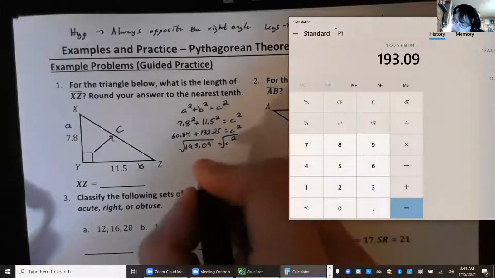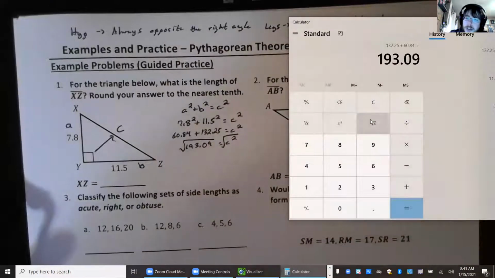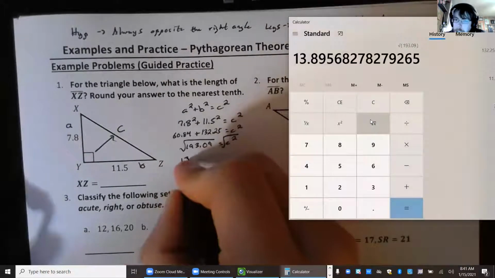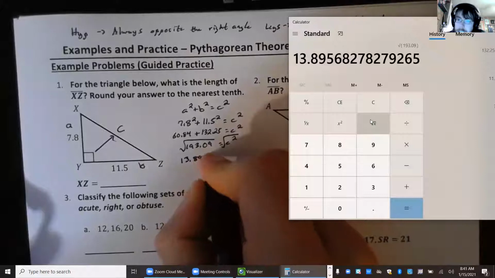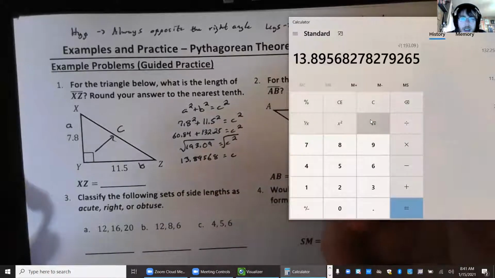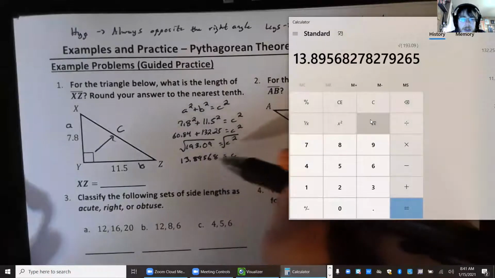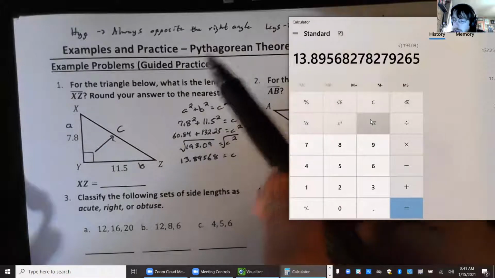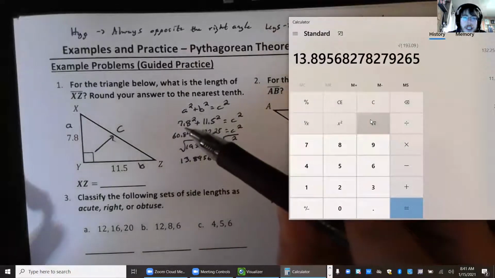And we get that, well, we'll take the square root of this. So the square root ends up being 13.89568, so on and so forth, is equal to c. Now, we don't want that big long string of numbers after the decimal place, so we need to make sure that it tells us what we need to round our answer to.